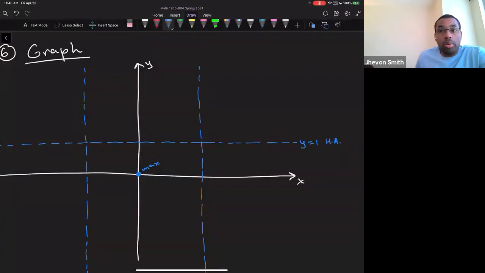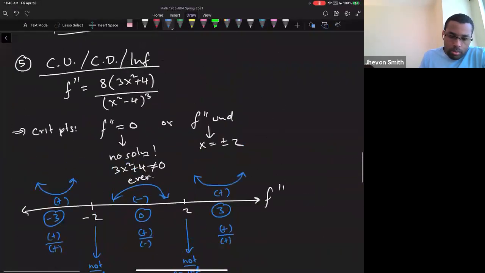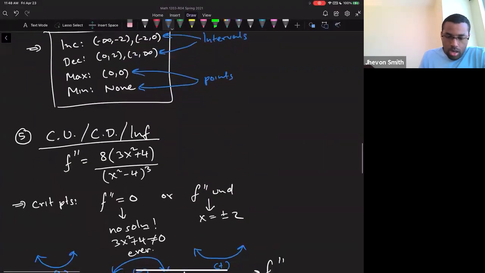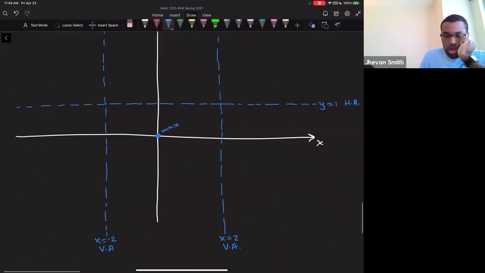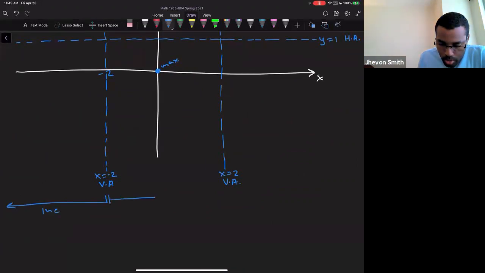After that, we start putting in the intervals. So we can start with the intervals of increasing and decreasing. You'll see here, we are increasing from -infinity to -2 and then -2 to 0. So this is -2. From -infinity to -2, we're increasing. We're also increasing from -2 to 0.